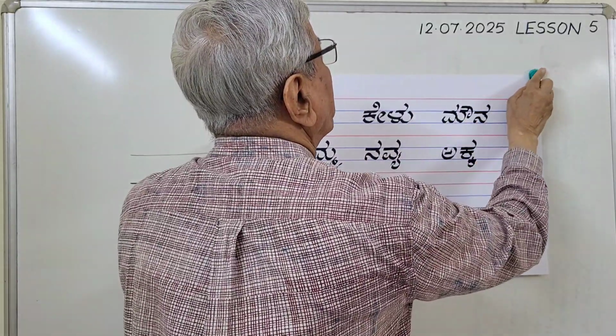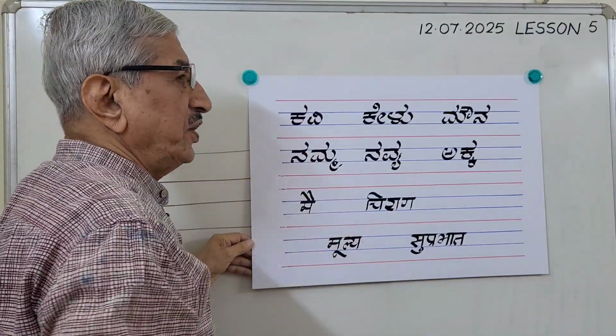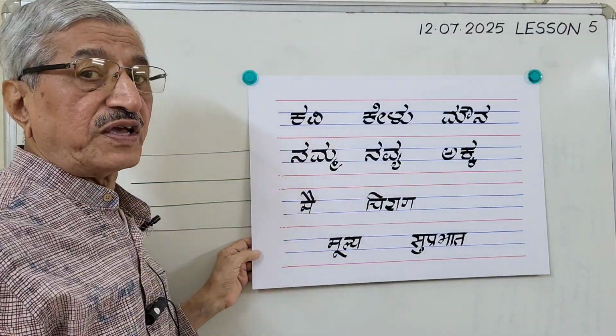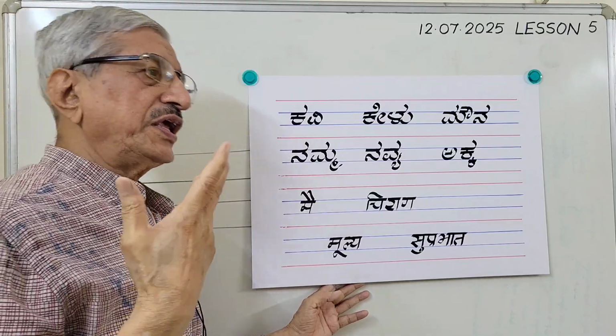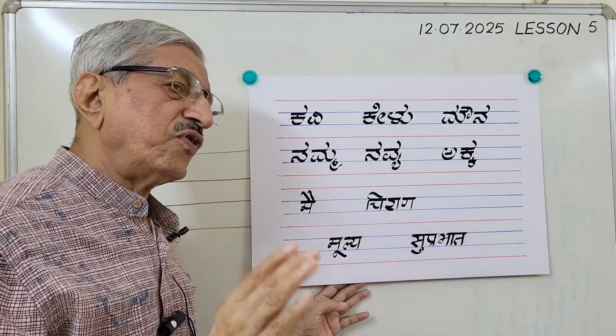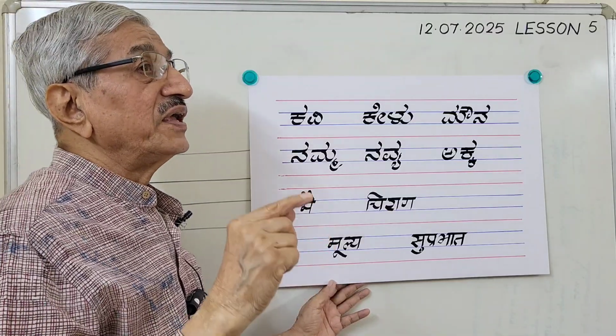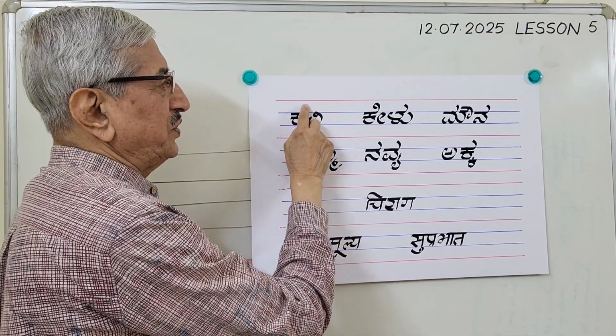Now you may get confused: only English copywriting should be done in a 4 lines copybook? You may feel, no, not that. According to me, any language for that matter should be written in a 4 lines copybook only. Even in Kannada language, there are ascenders. See, this is Talagattu, they call it.